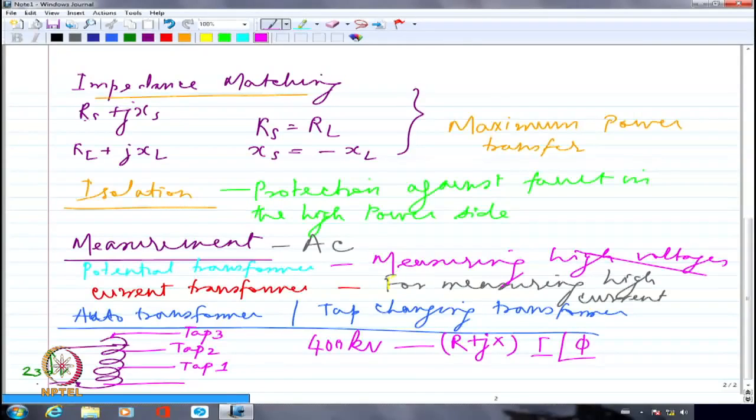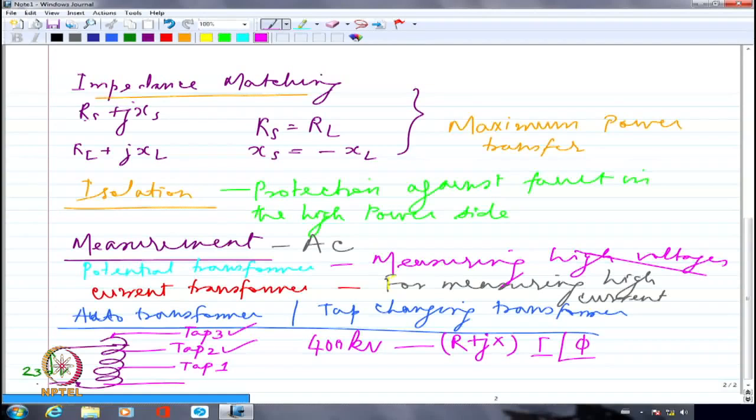So I might like to put the tap at a lower number of turn. Are you getting my point? So if I put, originally maybe my tap was here, now I might like to put my tap at a lower point. If I put it at a lower point, even the incoming voltage is decreased somewhat.